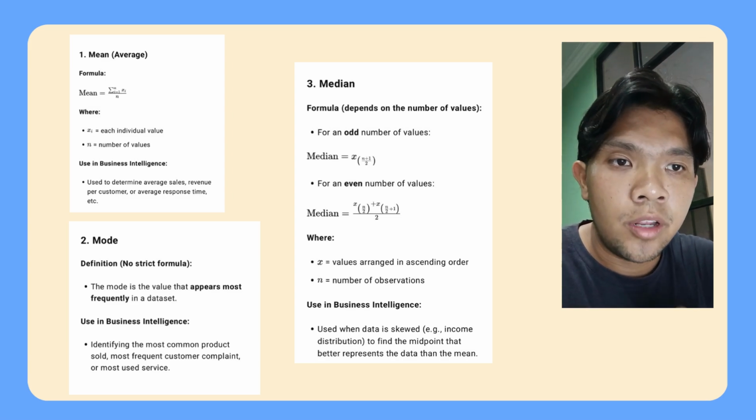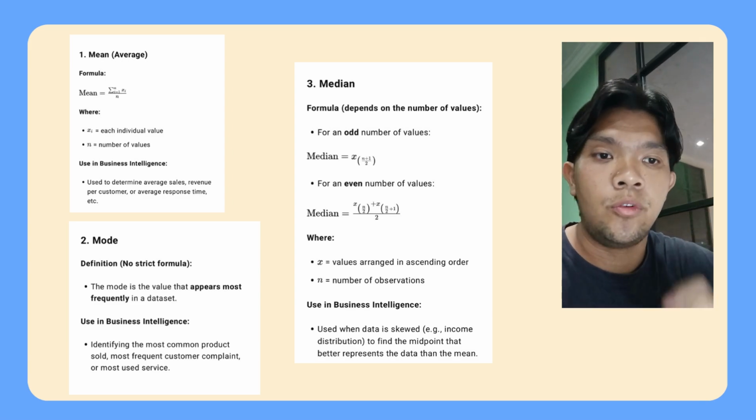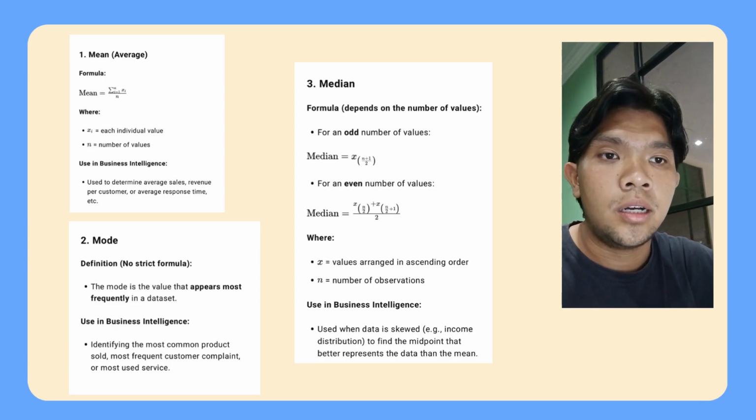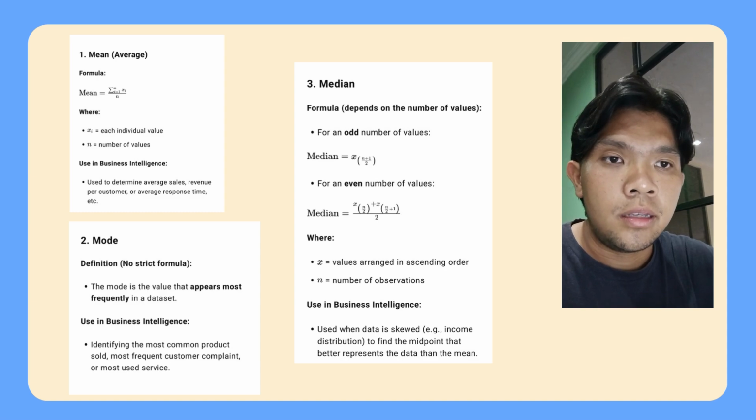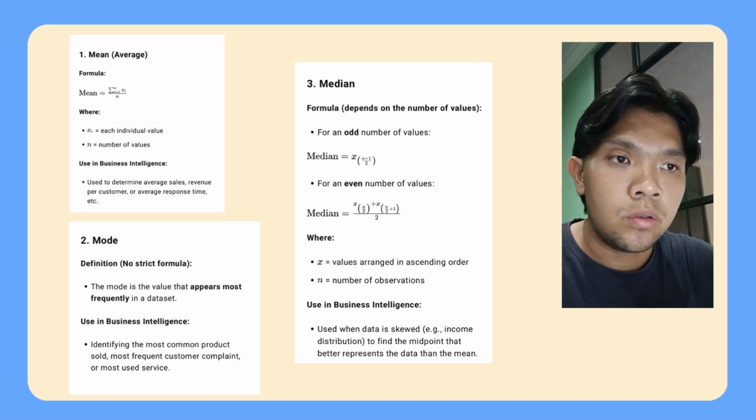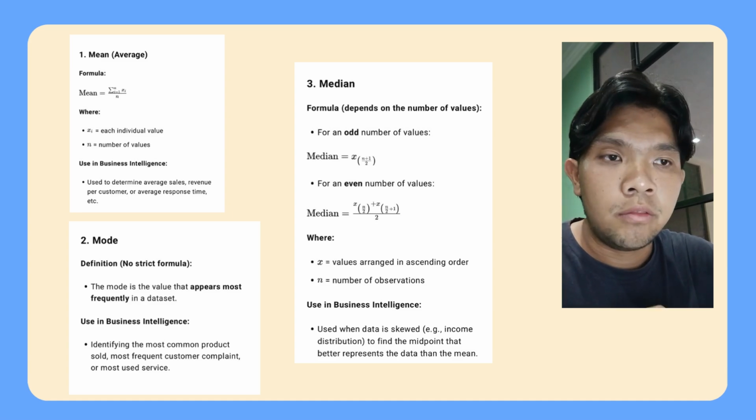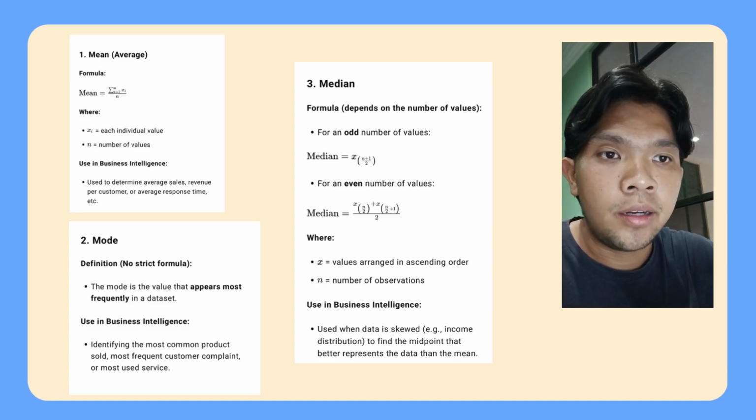The odd number of values and the even number of values have different formulas. The median is used when the data is skewed, such as income distribution, as it finds the midpoint that better represents the data than the mean.